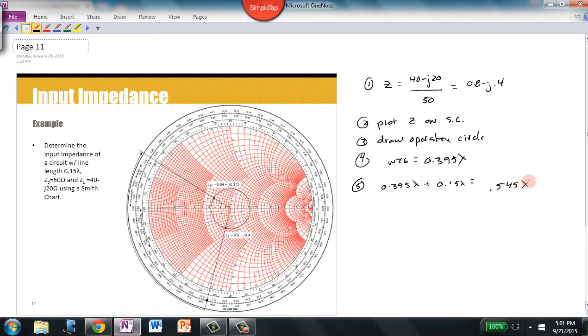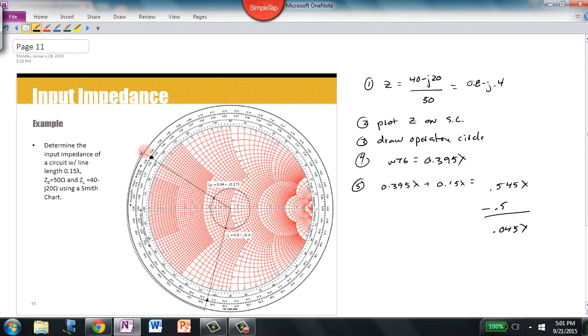That's the total length we would have to rotate, but remember that we can't rotate further than a half lambda, so we subtract off 0.5 lambda, which leaves us 0.045 lambda. So we find 0.045 lambda on the wavelengths towards the generator scale right there. This whole rotation right here is the 0.15 lambda of rotation.